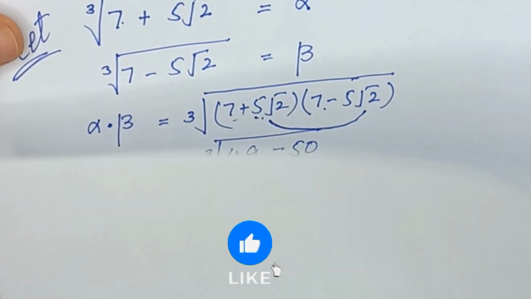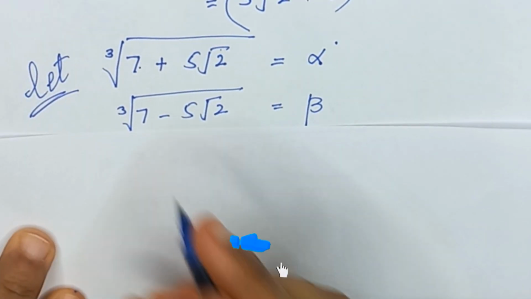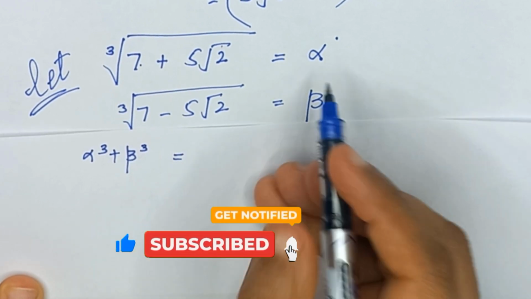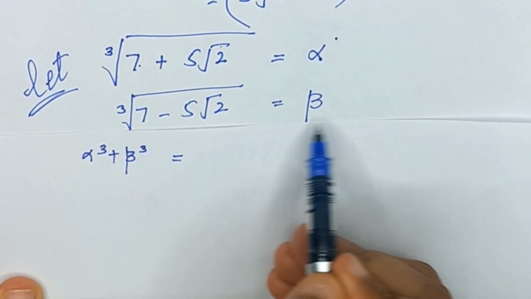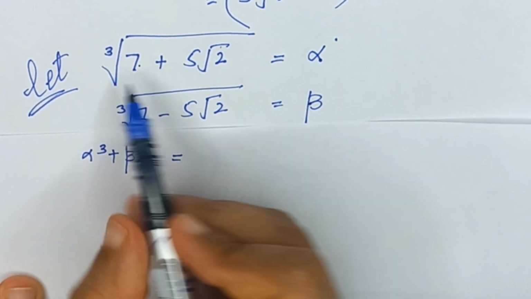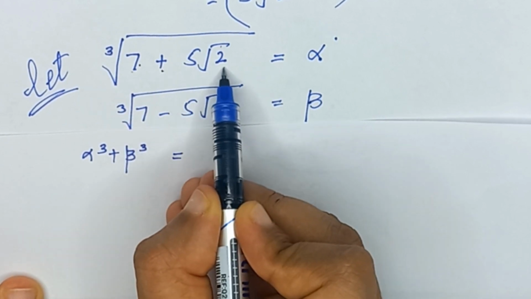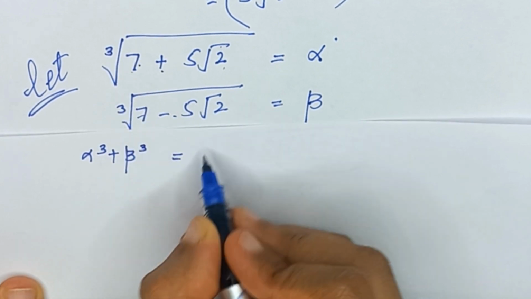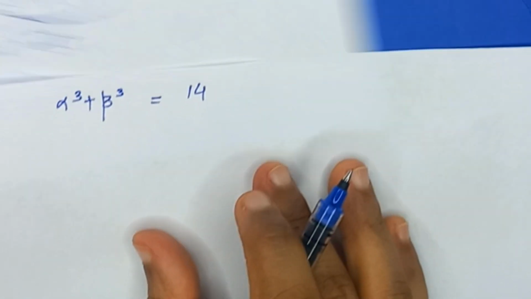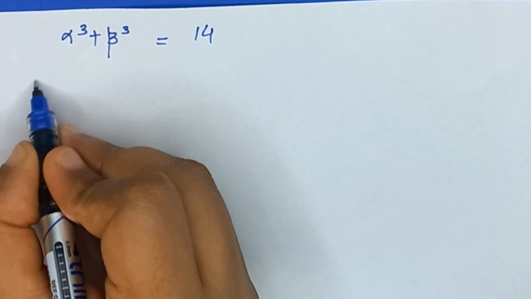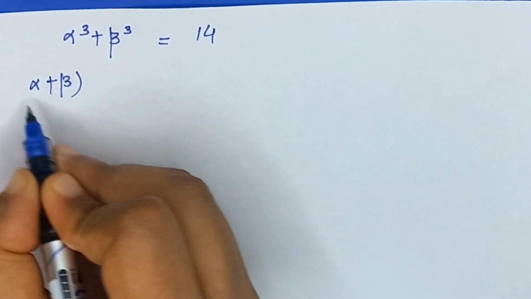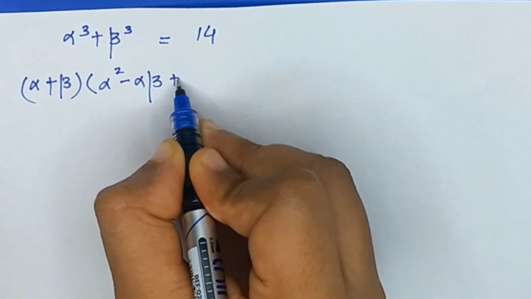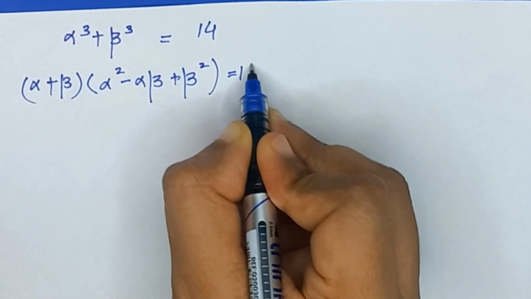And alpha cube plus beta cube, when we apply the cube on both sides and add them, will be 7 plus 5 square root of 2 plus 7 minus 5 square root of 2. So the square root terms will cancel out, and 7 plus 7 is equal to 14. Now we know that alpha cube plus beta cube is the same as alpha plus beta times alpha square minus alpha beta plus beta square, which is equal to 14.